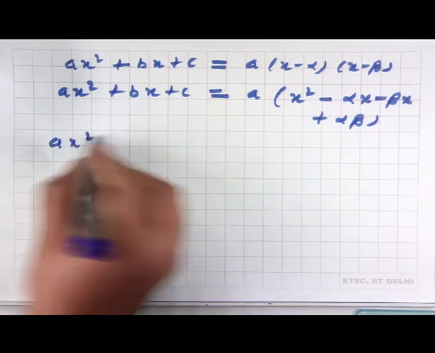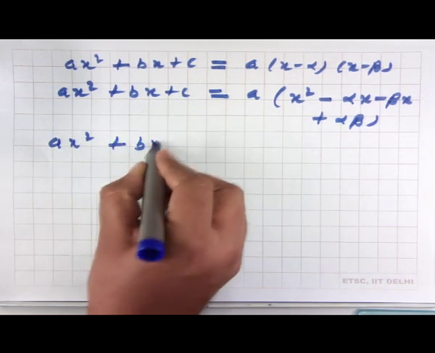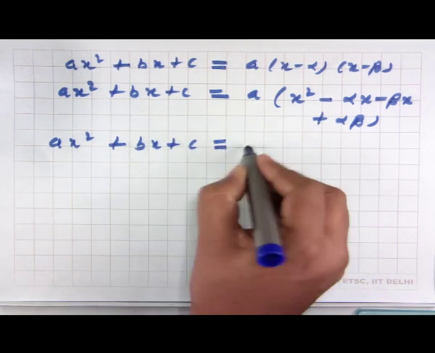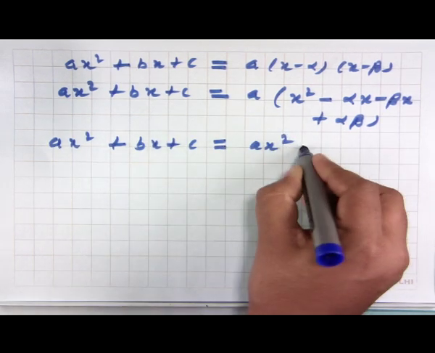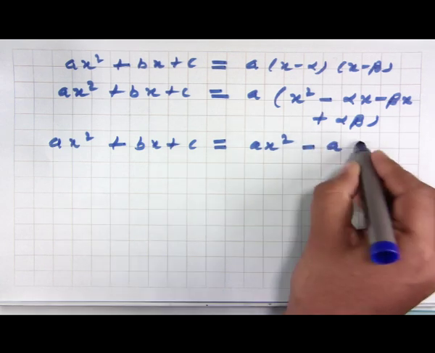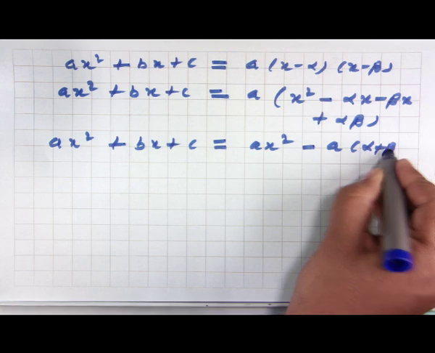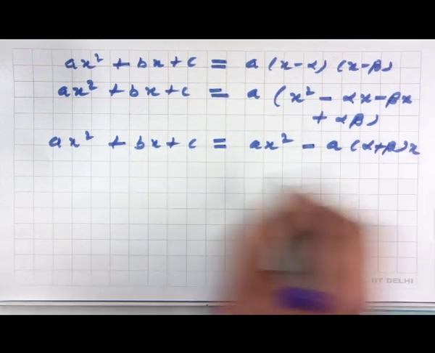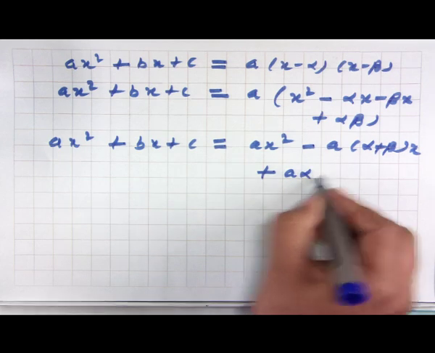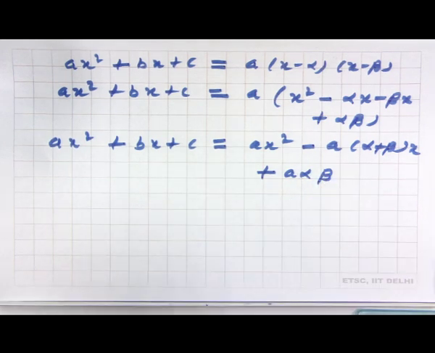Now ax square plus bx plus c equal ax square minus a(alpha plus beta)x plus a alpha beta. Let us compare the coefficient of x square.